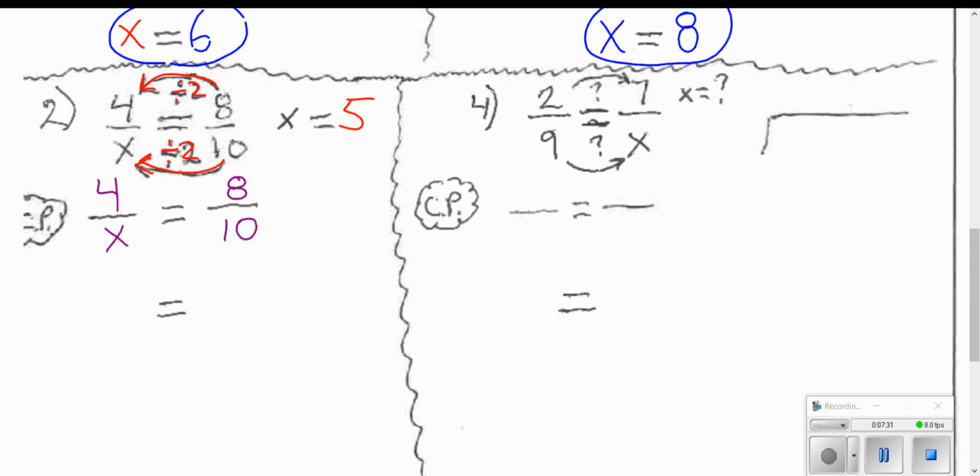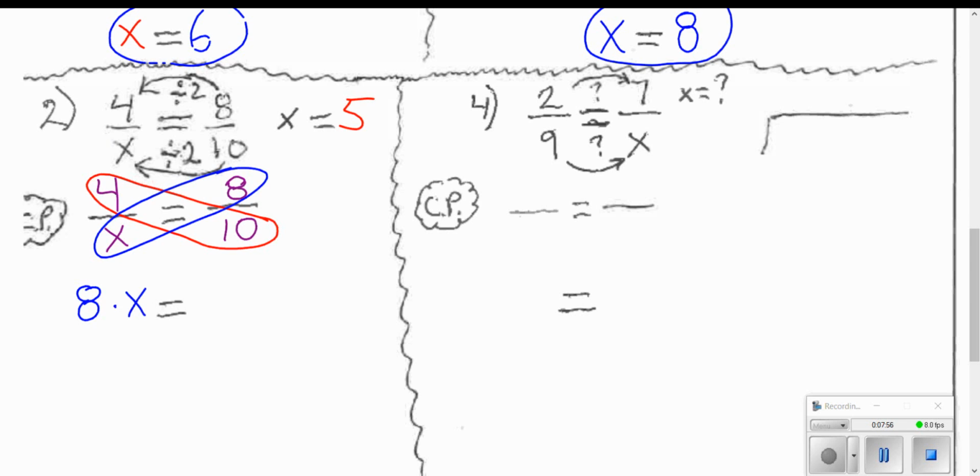So now we'll do the cross products. I'll use the 8 and x first. 8 times x and 4 times 10.